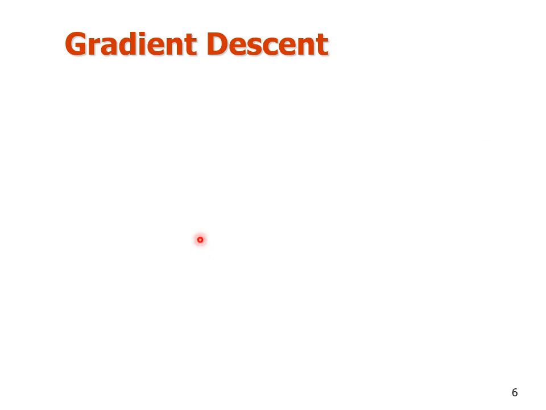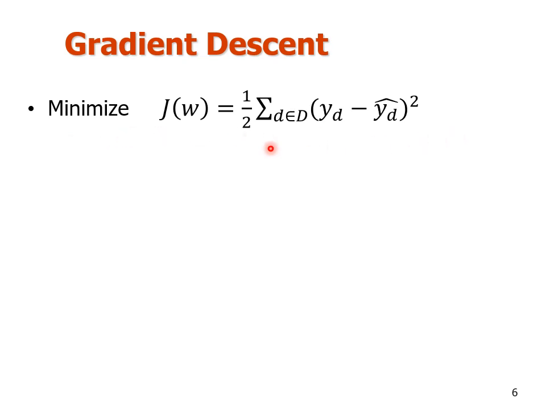So, while computing the gradient descent, what do we need to do? We need to minimize our cost function. And how did we represent our cost function? It is J of w, a function of the weight vector, and that is equal to half summation over d belongs to D, (yd minus yd hat) whole square.